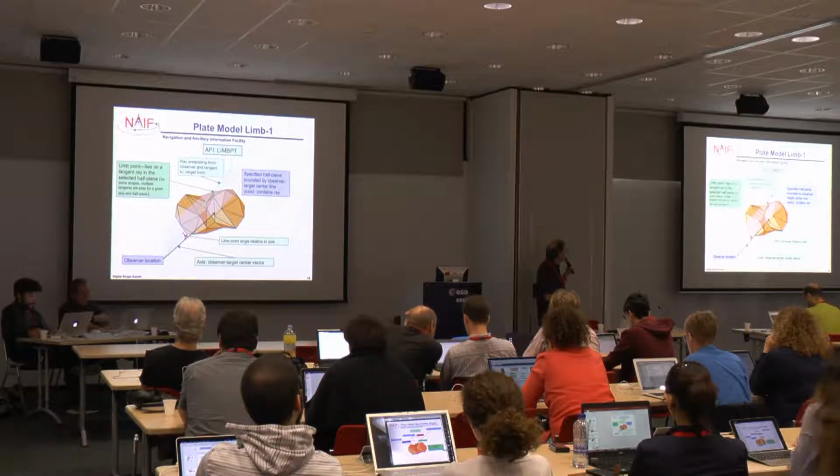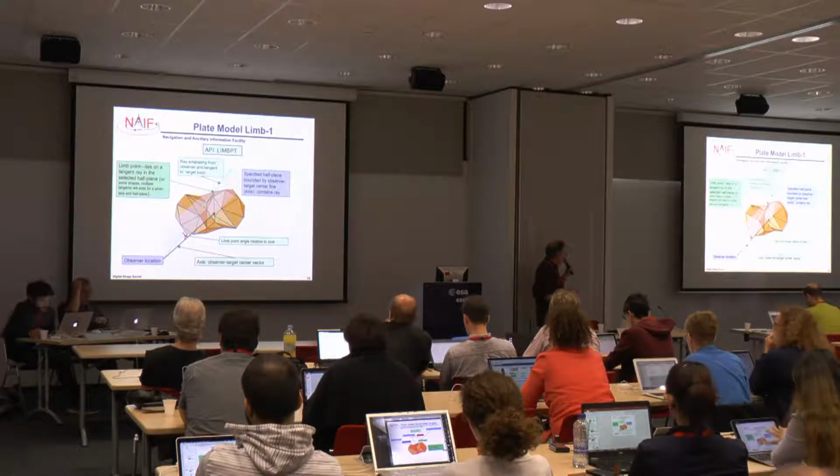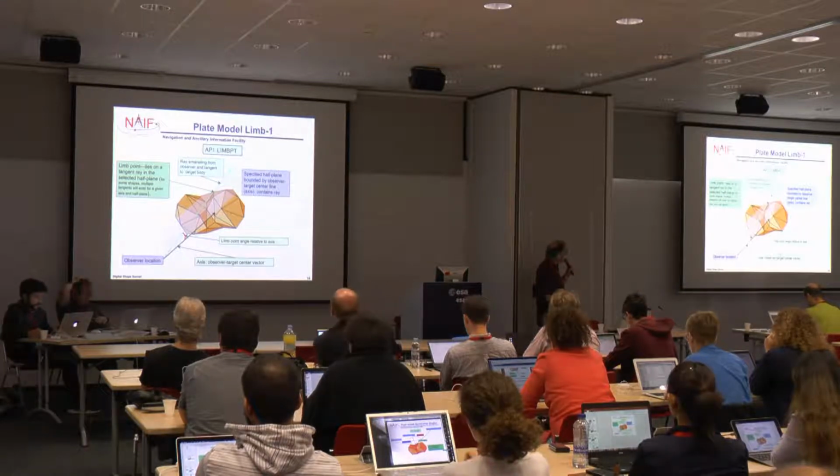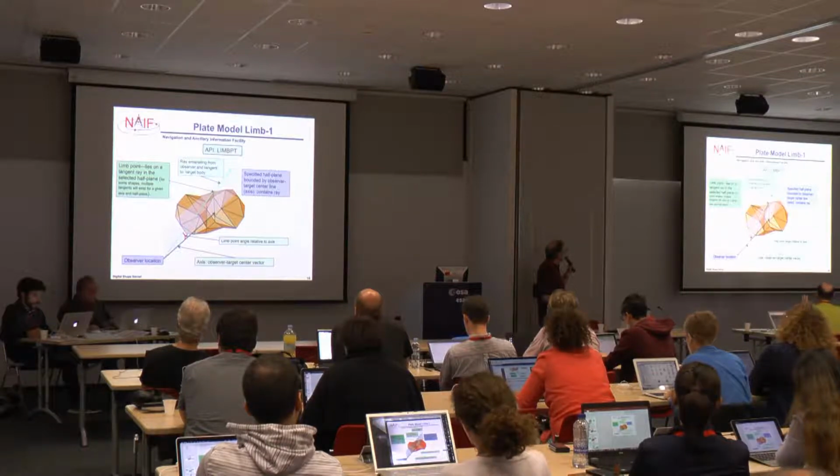Plate model limb. The idea here is that there's an observer location, there's a target, there's a ray from the observer to the target body center, and then there is a half plane that is selected by the user. Actually, the user specifies a set of one or more half planes using inputs to the routine.